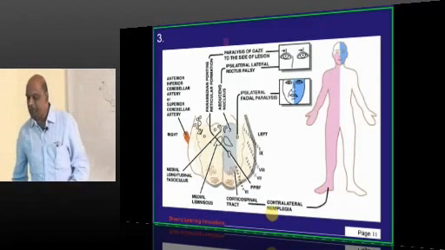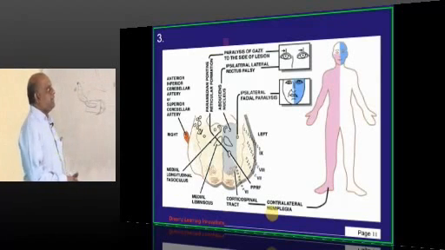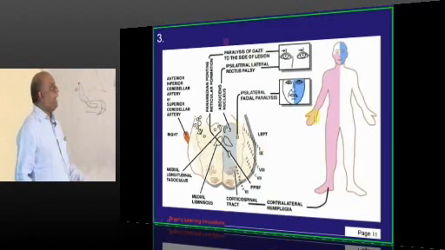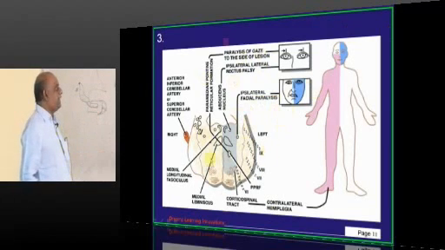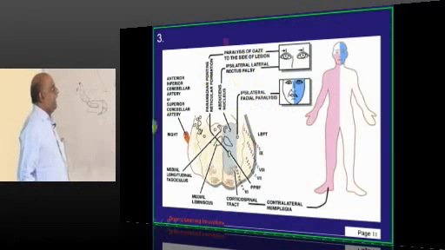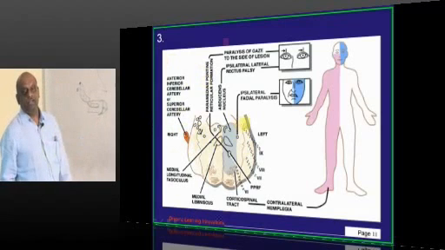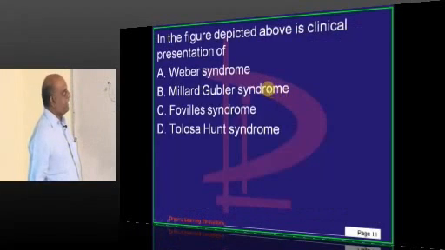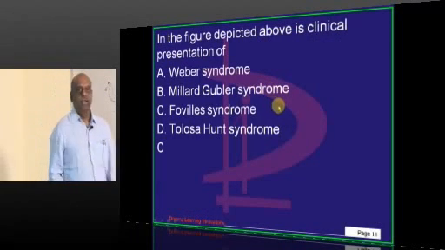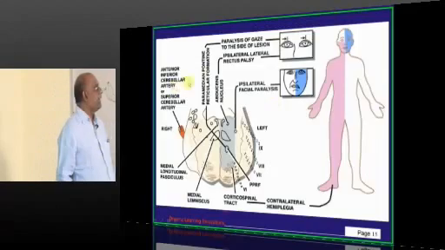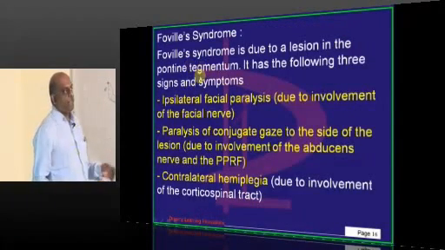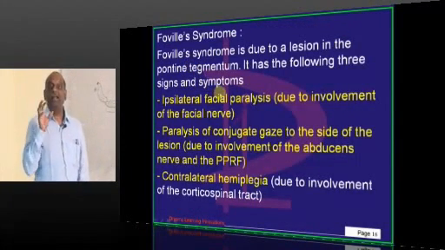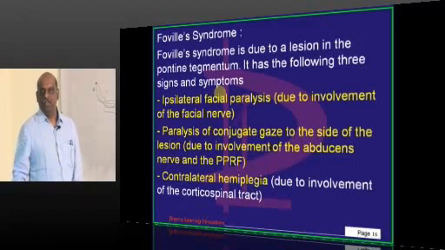Now what are the symptoms of the patient? Paralysis of the gaze, ipsilateral lateral rectus paralysis, ipsilateral facial nerve palsy, and anterior cerebellar artery involvement. Or superior cerebellar artery involvement. What is this condition basically? It is called Foville's syndrome. So Foville is because of the problem in the pons, but in the tegmentum, not in the ventral pons.